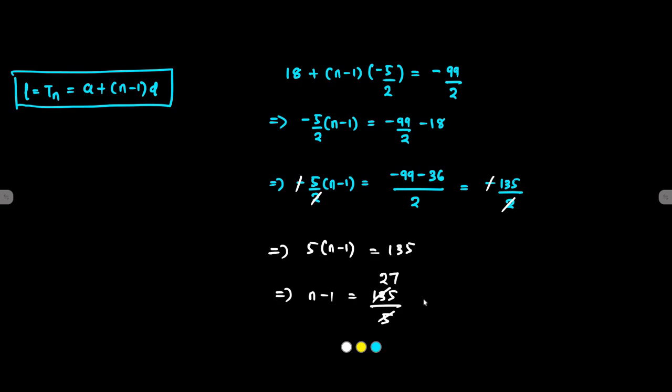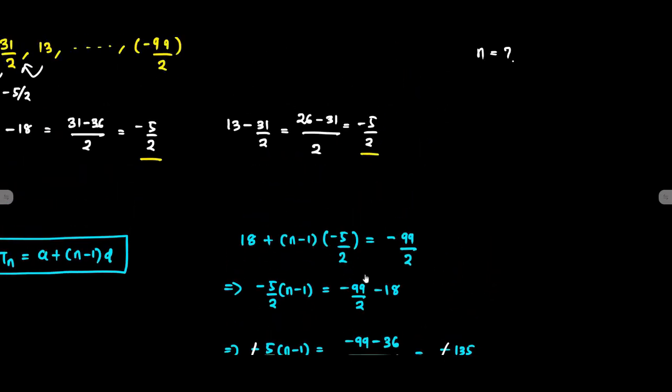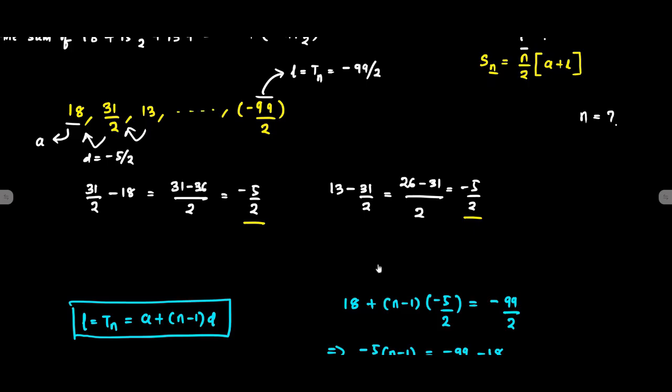So we have n minus 1 is equal to 27, that implies n is equal to 28. So there are a total of 28 terms present in the given arithmetic progression. Here n is equal to 28.